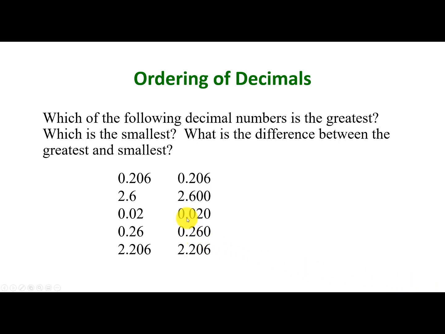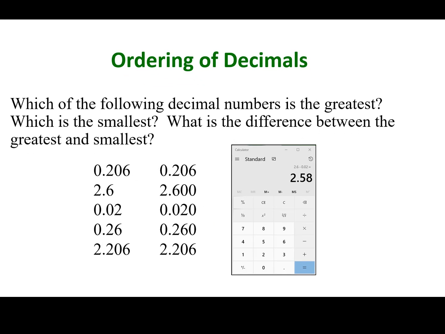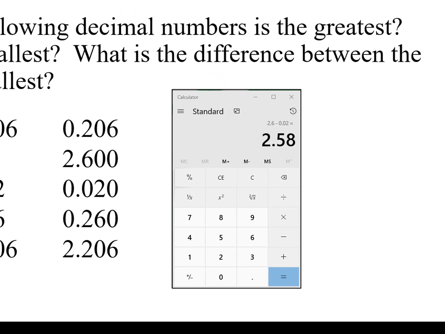So the greatest value, we can see we have a whole number 2 here and a whole number 2 here, but 0.6 is bigger than 0.2, so 2.6 is the largest value. The smallest would be this value, 0.02. The difference between those, difference means we subtract, so we take 2.6 and we subtract 0.02 and we get 2.58.